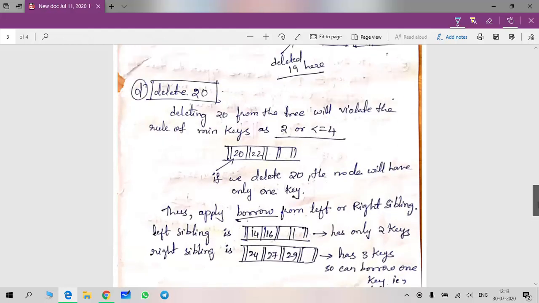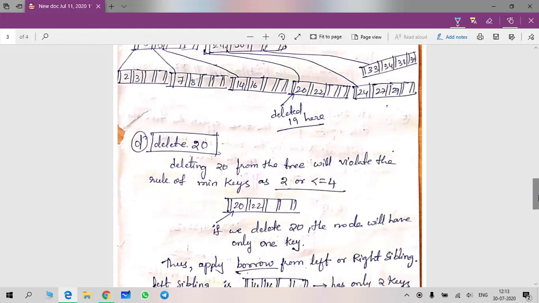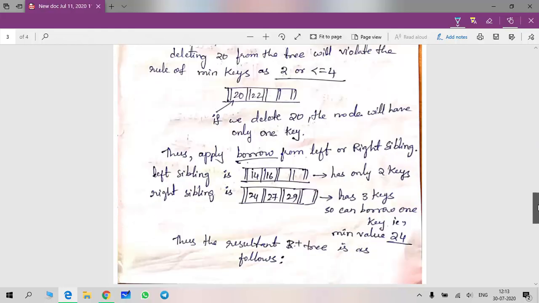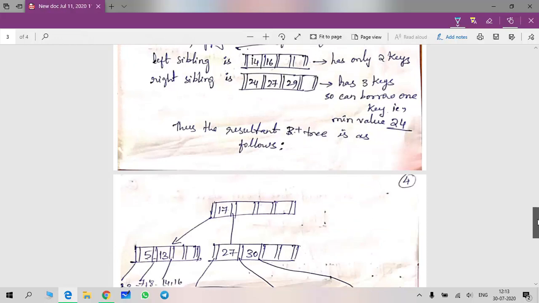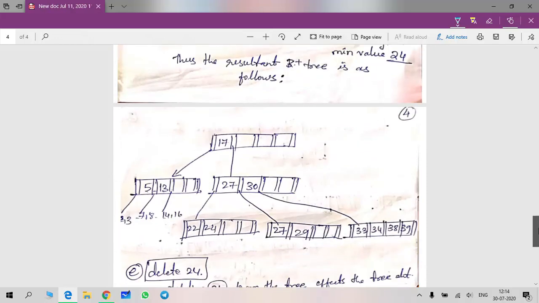We have to take the minimum value from the right subtree and the maximum value from the left subtree. Whenever we are taking from the left sibling, we have to take the largest element. Whenever we are taking from the right sibling, we have to take the lowest element. So among these, the lowest element is 24. So try to shift 24 to this node.